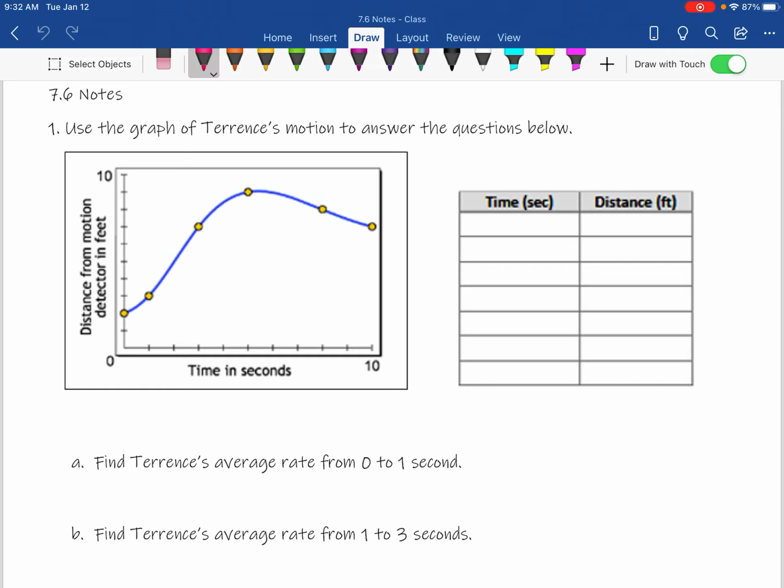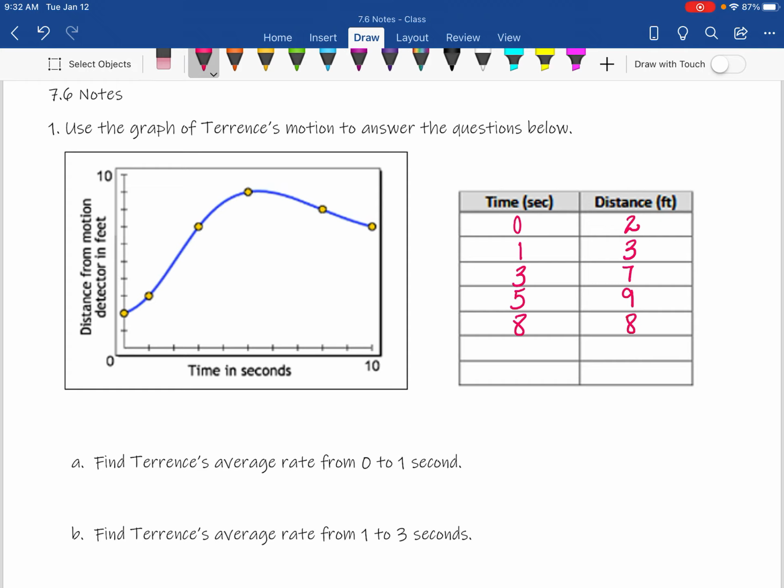Okay, so if I look at my first point, I have 0, 2, I have 1, 3, I have 3, 7, I have 5, 9, and I have 8, 8.